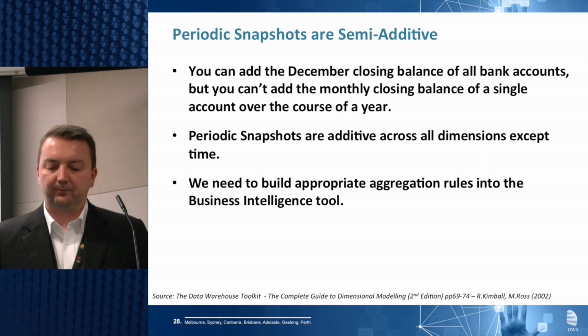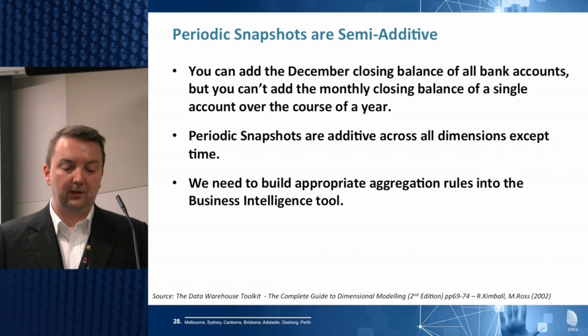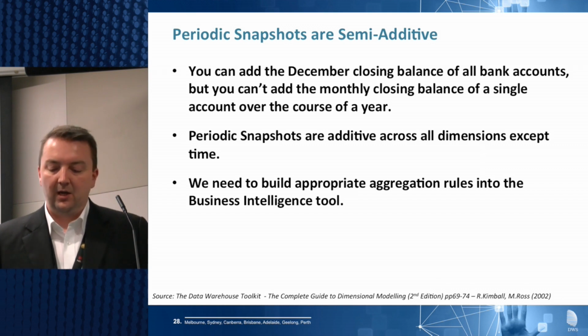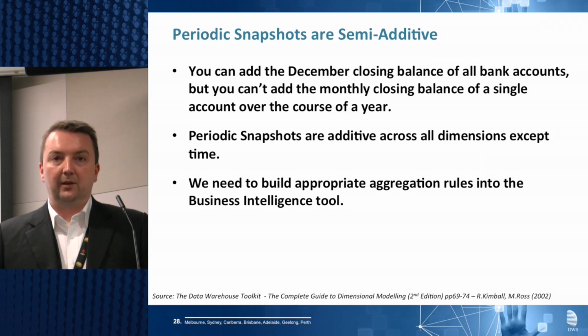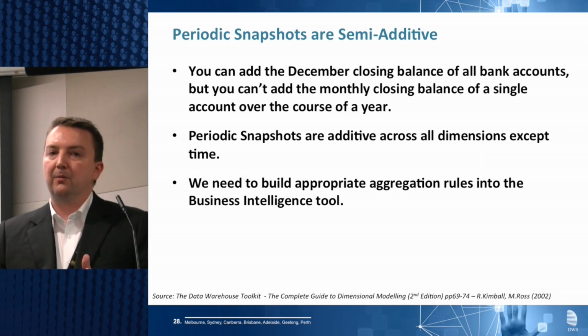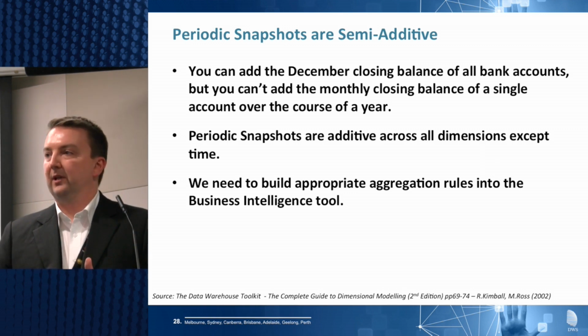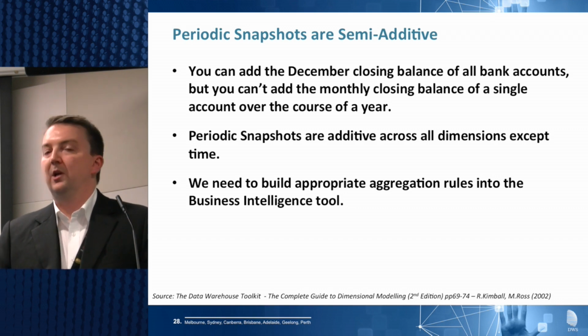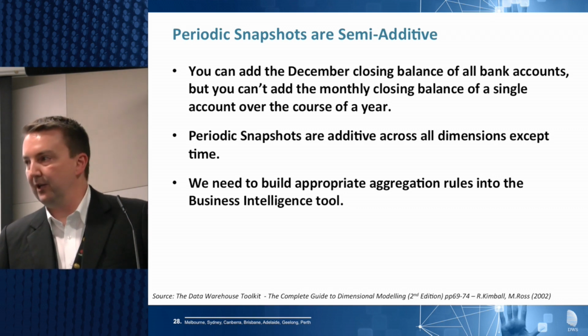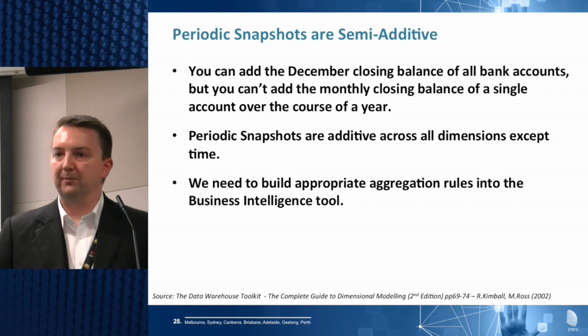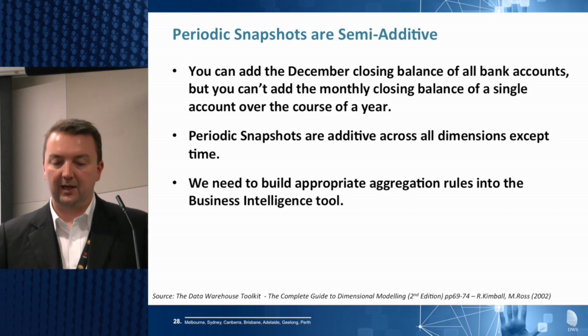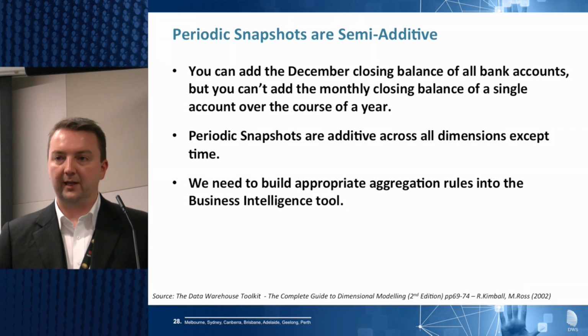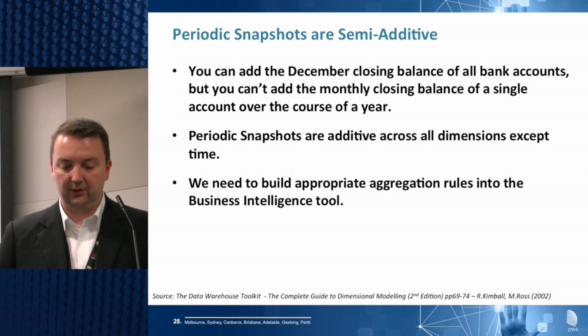So when we create a periodic snapshot, we need to be careful when we're defining that snapshot in our business intelligence tool, that we define the aggregation method over time to be either disabled or a relevant aggregation method like maximum or minimum or first or last. They're not additive, so we can't use a sum as the aggregate method.